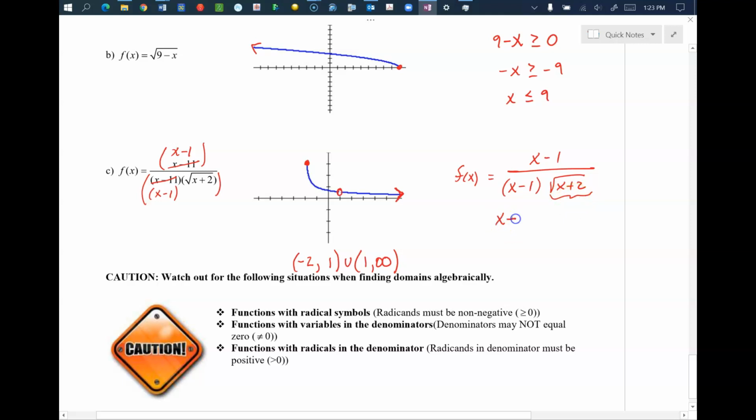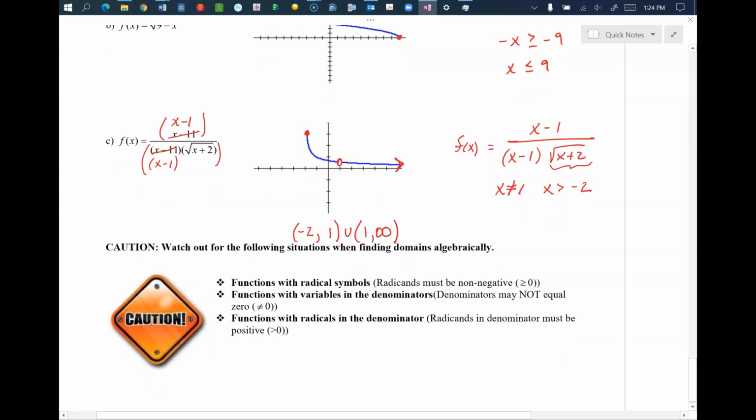X cannot be equal to 1, and x has to be greater than -2. So if you think about all real numbers and exclude x is equal to 1 and any number that's not greater than -2, you end up with that interval.